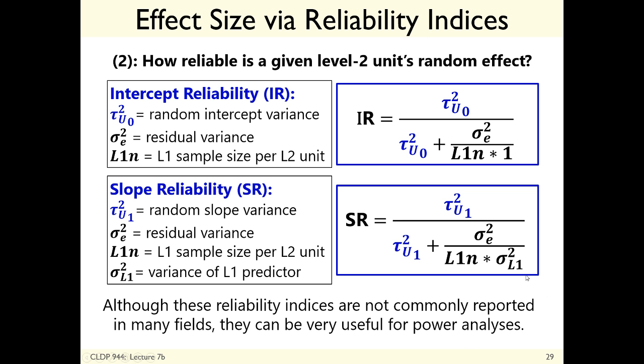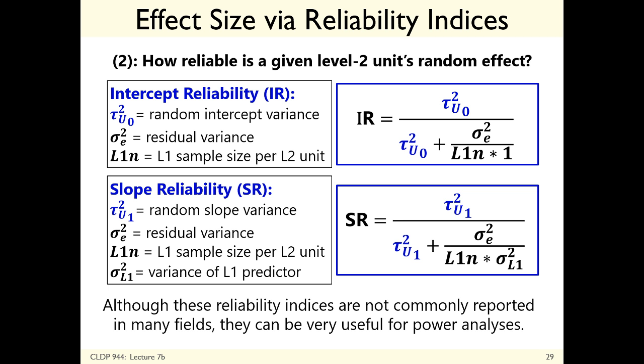And in the case of the slope, this extra term in the denominator right here is the variance of the level 1 predictor, because this is scaled relative to the scale of the predictor. So you have to correct for that in terms of the variance components. What I end up doing in power analysis is coming up with reasonable values for what I think these are. Like I may have an intercept reliability of 0.8. That's usually pretty easy to get. Slope reliability is harder.